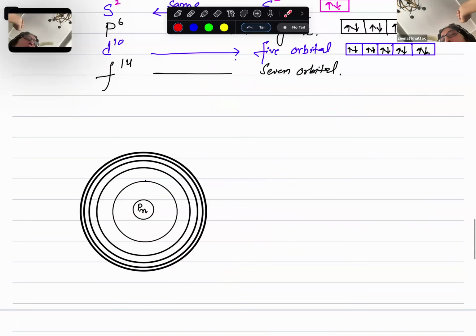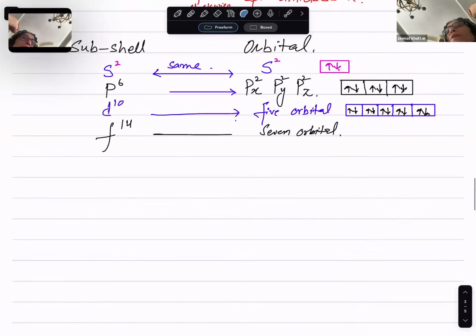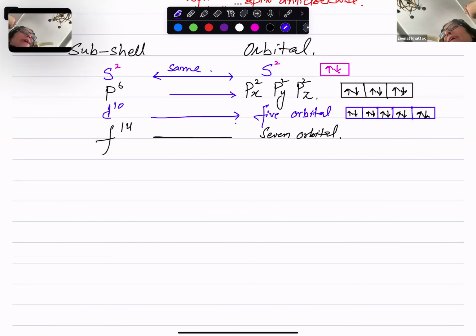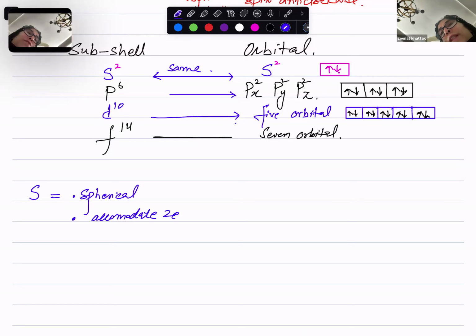Okay, now coming to orbitals. One thing that I want to clear. You know, the s orbital, how are their shapes? Look, the s orbital is spherical. It's a 3-dimensional thing. Spherical. It accommodates 2 electrons.